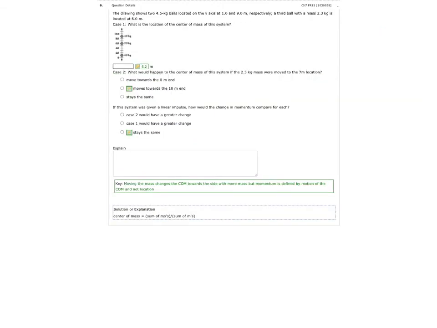Center of mass one, this one shouldn't have been too bad. You just had to do the sum of the xm's on the top. So it's the sum of the xm's divided by the sum of the m's.